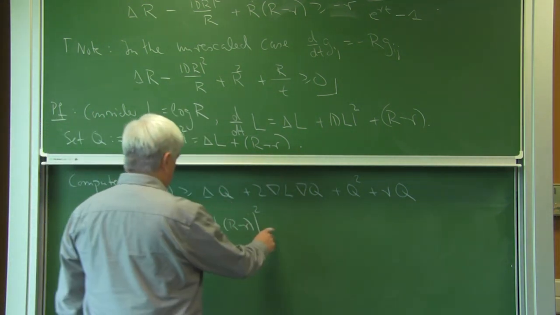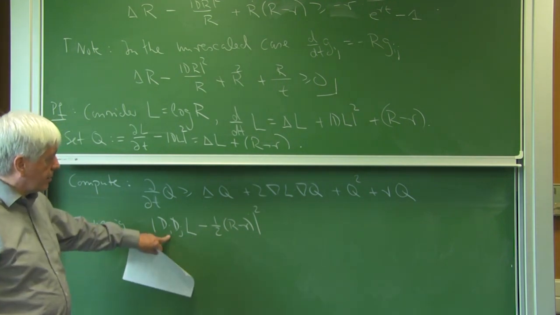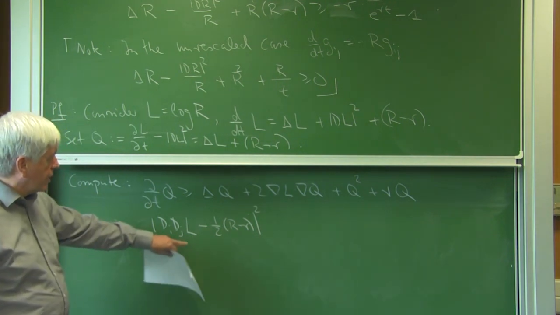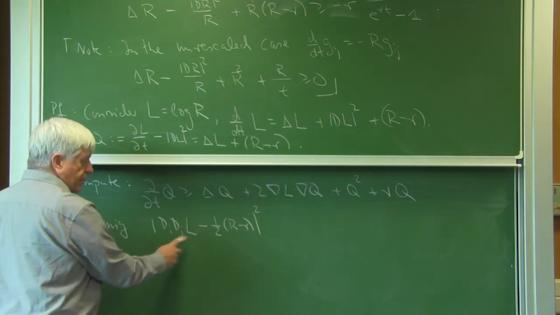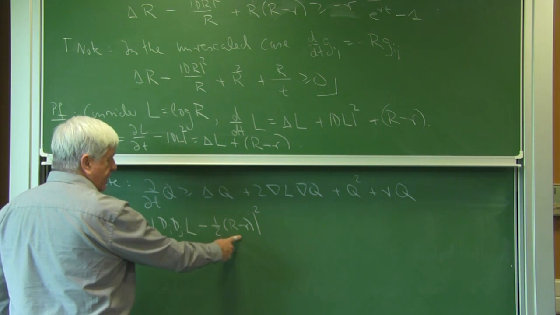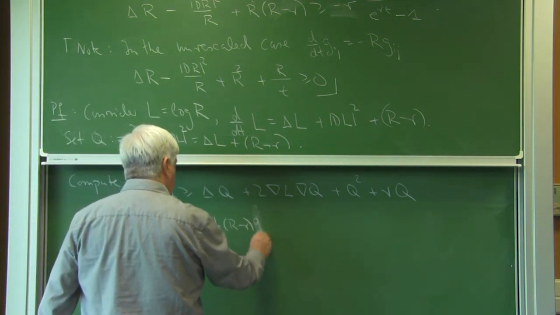and use the fact that this is now bigger than 1/2 times the trace of this squared, and the trace of this is just Laplacian L minus, oops, there's a g_ij missing, sorry.